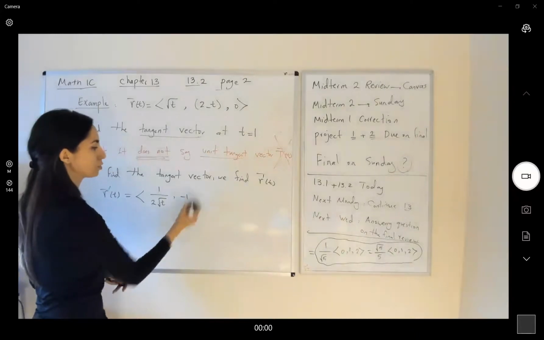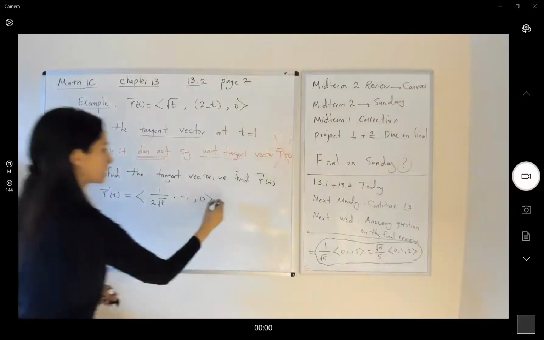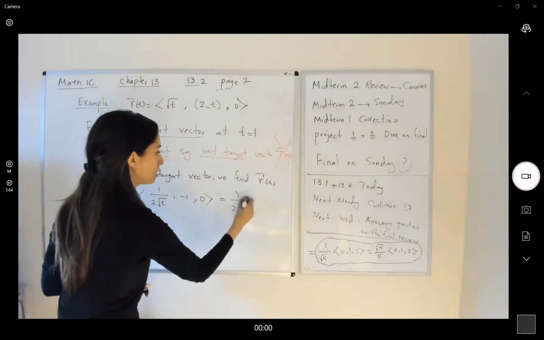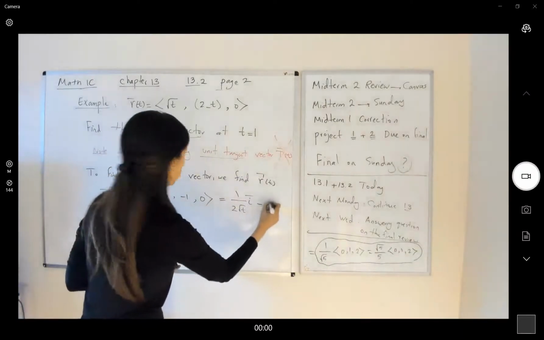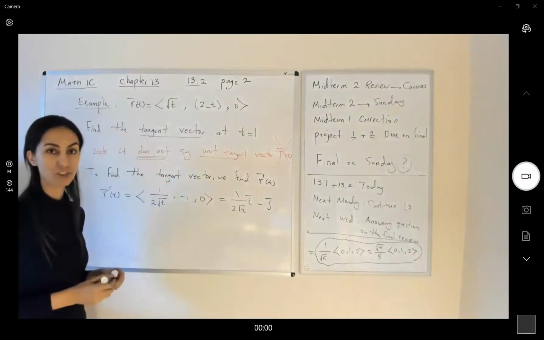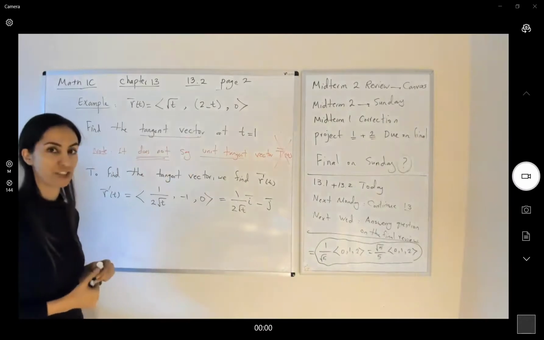You can add it here, or you can just forget about it because it is just 0. So this is equivalent to 1 over 2 square root of t in the direction of x-axis minus 1 times j in the direction of y-axis. We found the tangent vector.